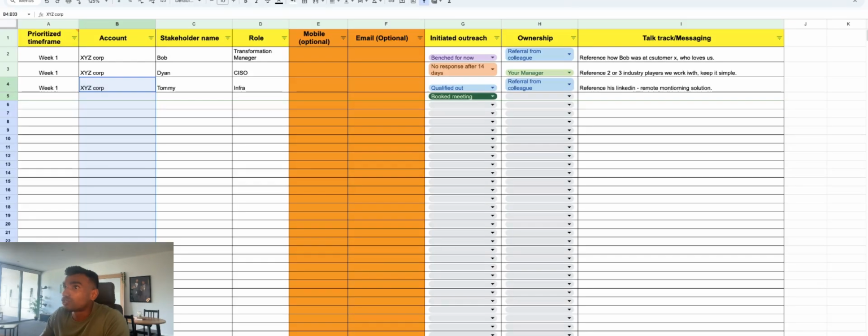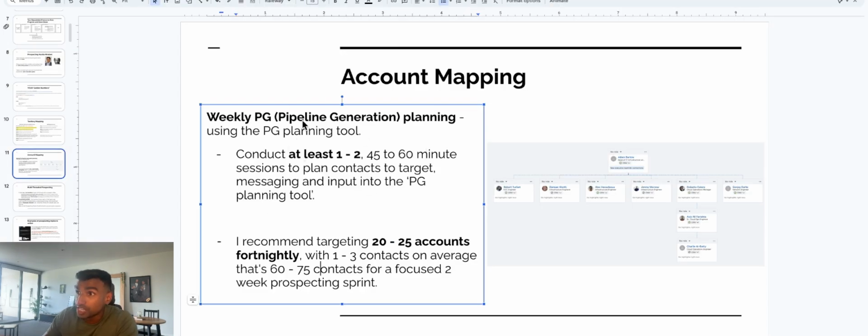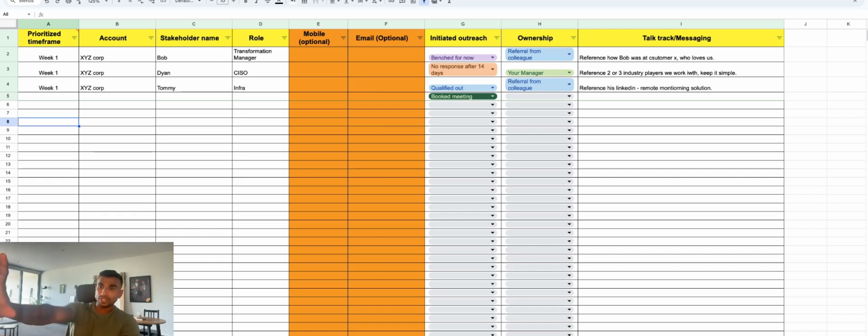Track that in the spreadsheet, because you want to make sure that for every prospecting setup block you're doing, when you're doing this PG planning block, you're taking a look at your PG planning spreadsheet. And you're having a look, okay, who have I booked meetings with?